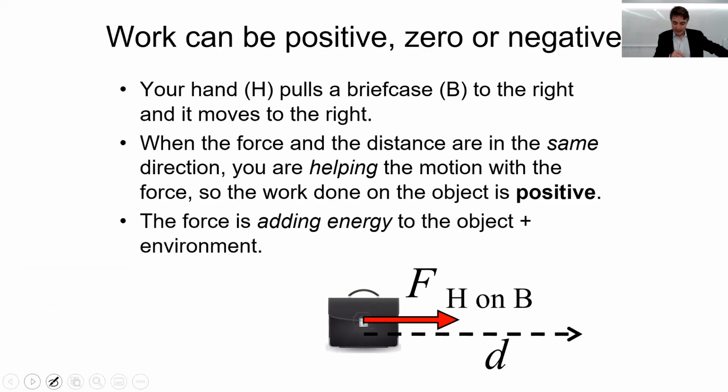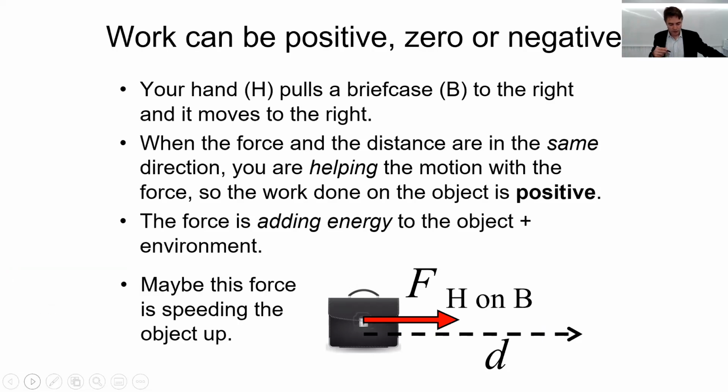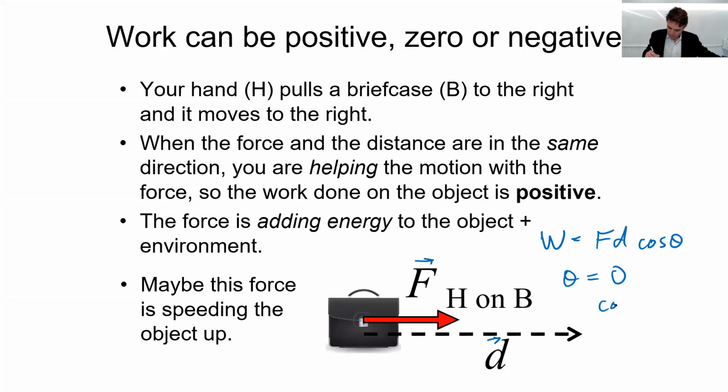The force is adding energy to the object, maybe speeding up the object. But the point is that work, which is equal to F times D cos theta, in this case theta is equal to 0. It's the angle between F and D, and so cos theta equals +1.